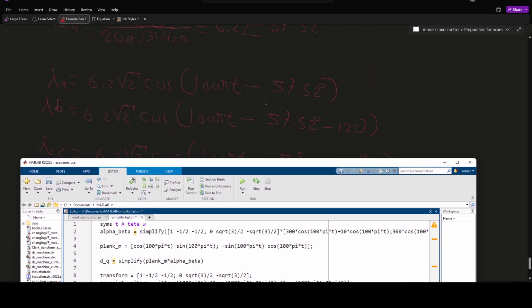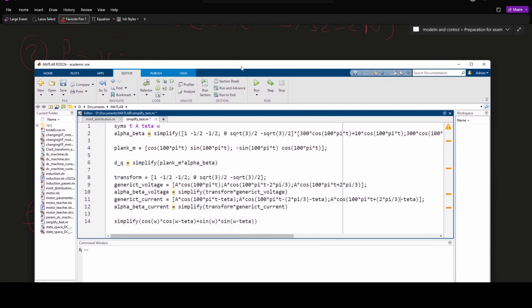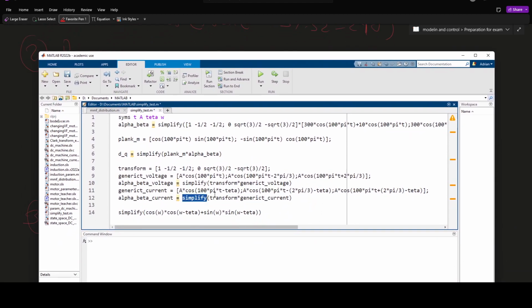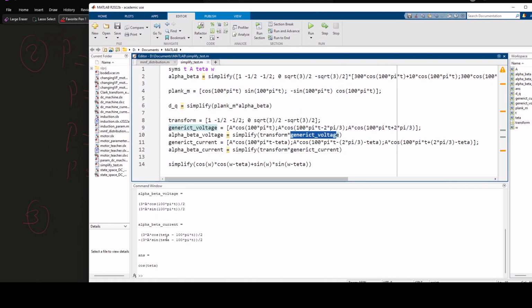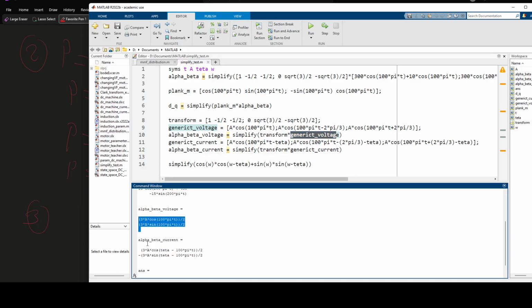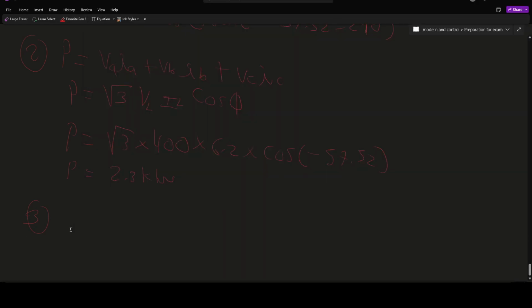That is just the same as what we have here. So those are our currents. I asked MATLAB to simplify the multiplication of the transform matrix with the generic expressions, and that gives me the expressions for the generic alpha beta components. So we know that it's going to be 3/2 the amplitude of cosine omega t and 3/2 the amplitude of sine omega t. This one is alpha and this one is beta.